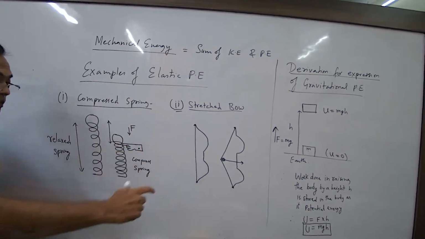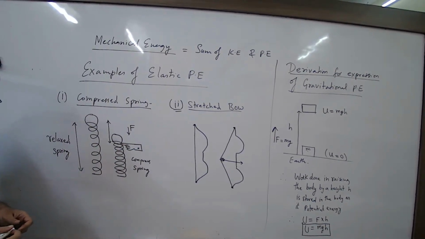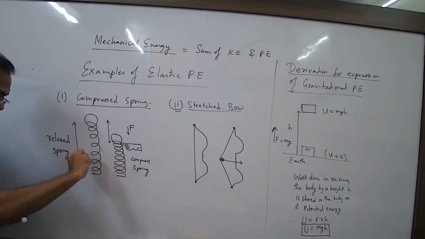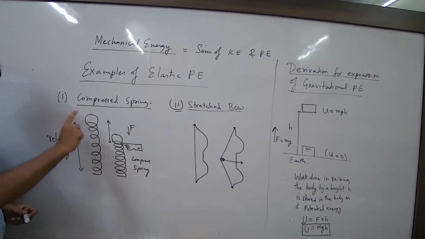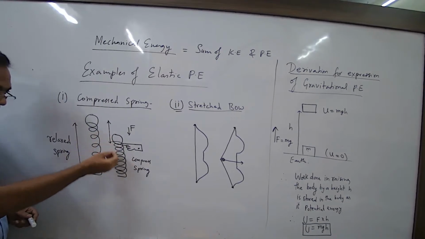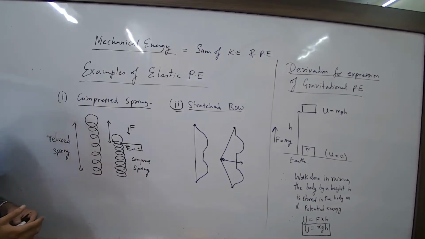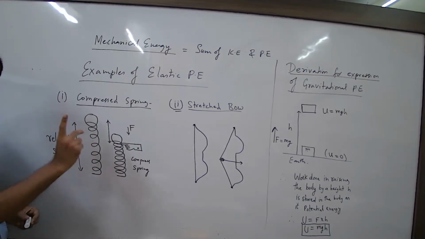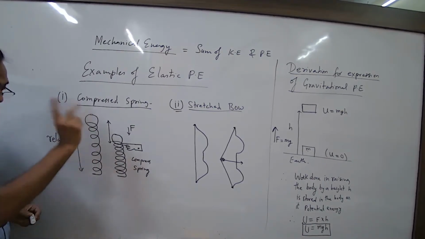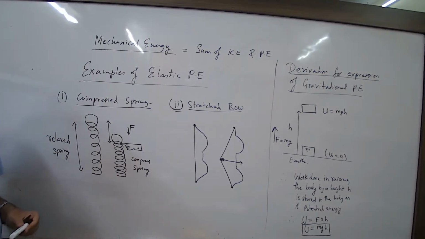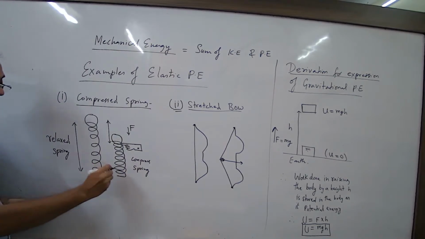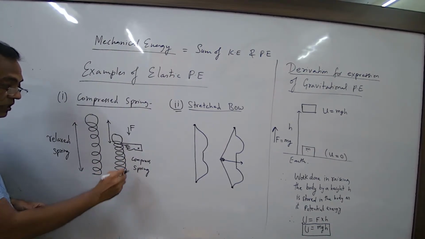Now when this finger is released, what will happen? It will suddenly try to gain its original shape. In that, it will apply a force. Now work will be done by the spring, and therefore this body will be set into motion. This potential energy of the spring, right?